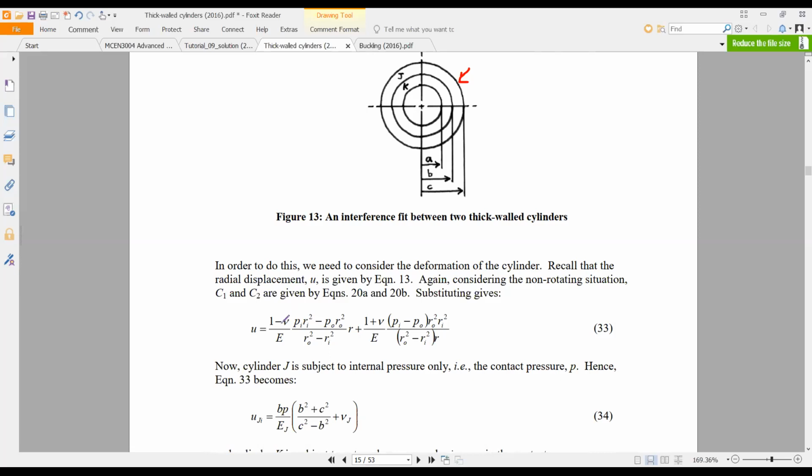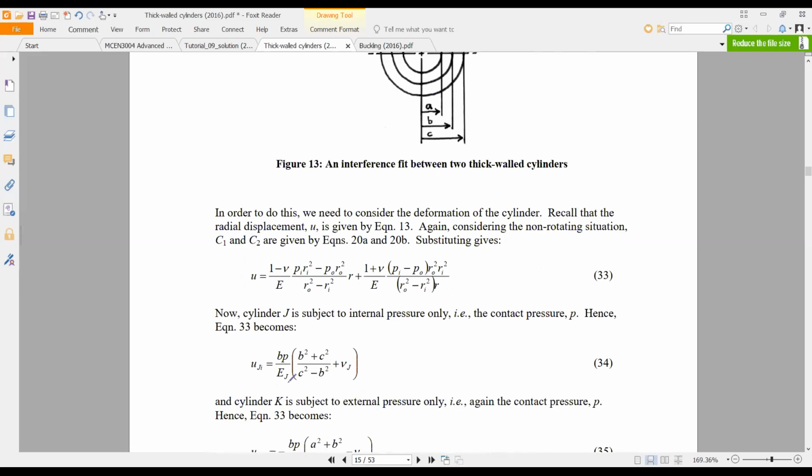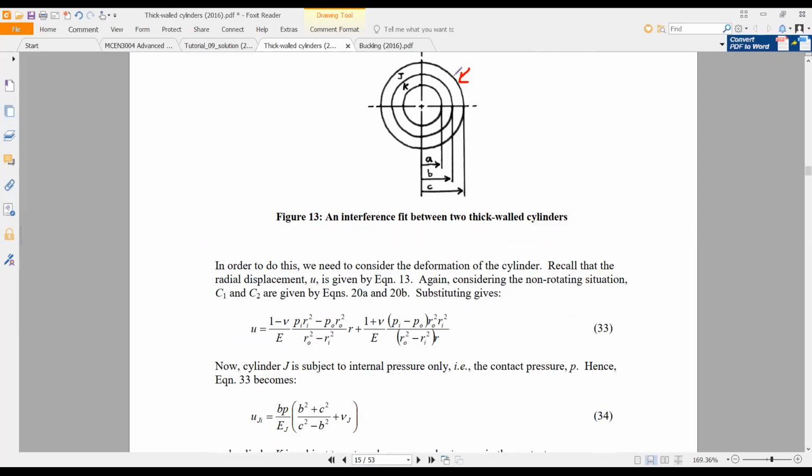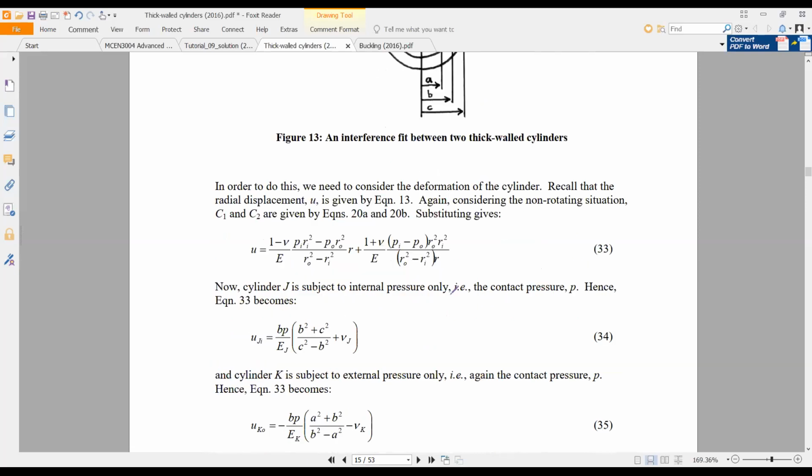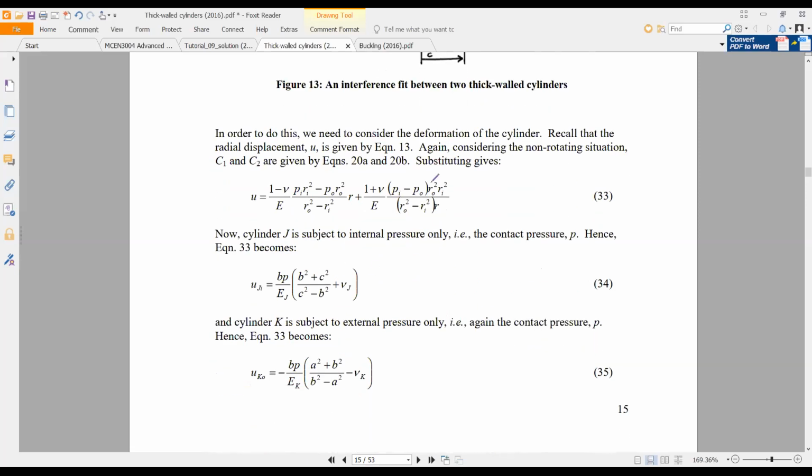Just substitute nu with nu J, and E with EJ, because we consider those two cylinders made of two different materials. That's why. So Pi equals the contact pressure at this point, the internal pressure. So you can use this equation, just substitute everything, and you will simplify to this equation.